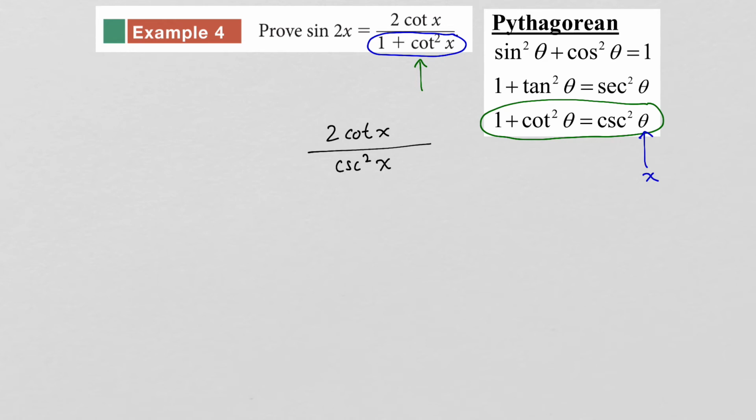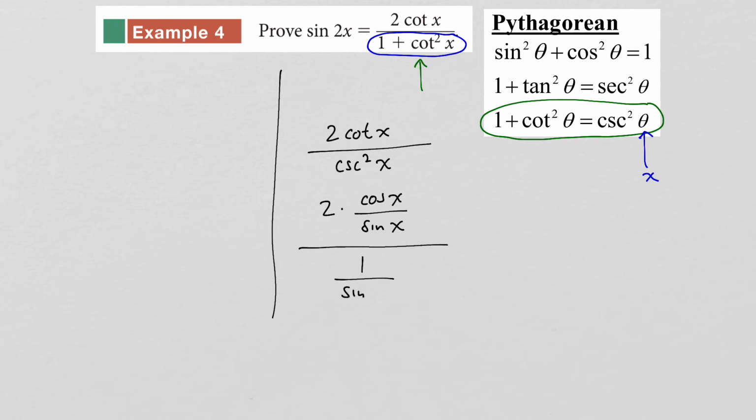Now from here, I can use basic identities. So 2 cotangent of x is the same as 2 times the cosine of x divided by the sine of x. And cosecant squared of x is 1 over sine squared of x. So I'm using the ratio identity for cotangent and the reciprocal identity for cosecant.